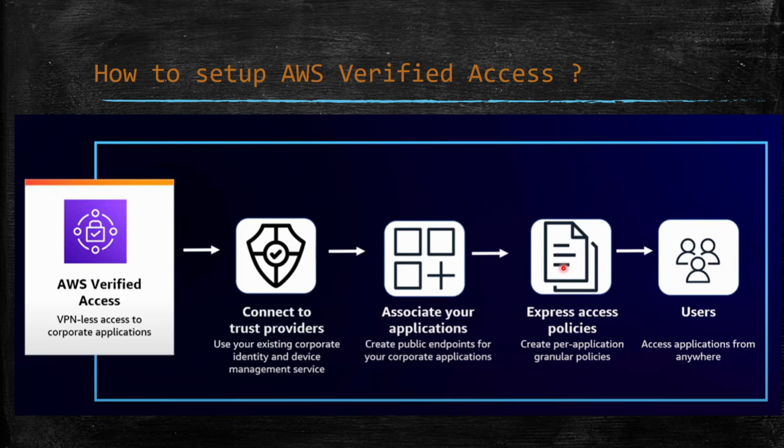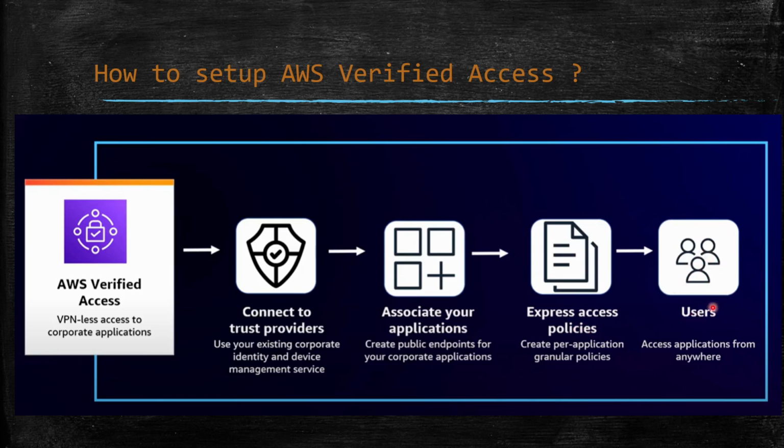So once you have done all the setup, like adding an application, you need to create all the policies, whether it's country origin, IP origin, or email address. There are too many policies that can be used to maintain as per your company standard.